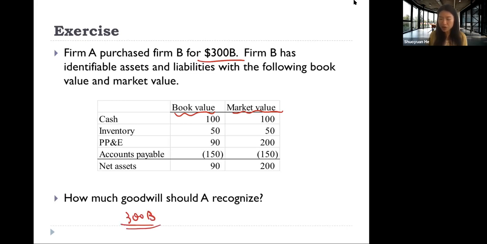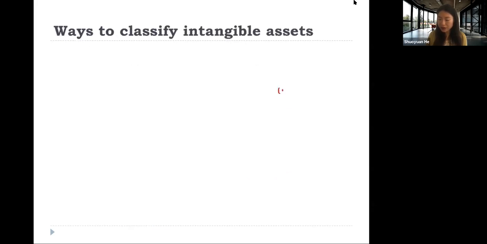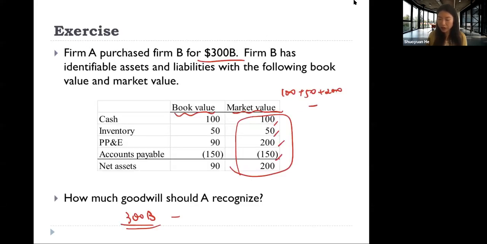So this is how much firm A paid for firm B. However, if you look at the sum of the fair value of all of firm B's identifiable assets and liabilities, it has cash with a market value of 100, inventory market value 50, PP&E market value 200, and then we take out the fair value of accounts payable of 150. So the total fair value of its net assets is 200.